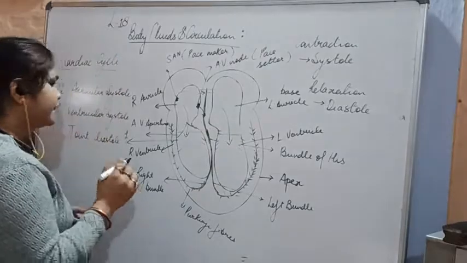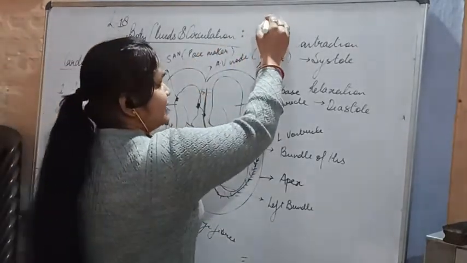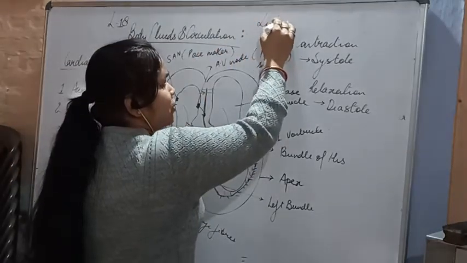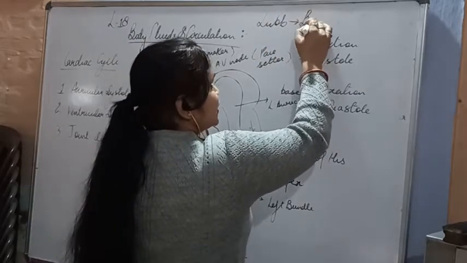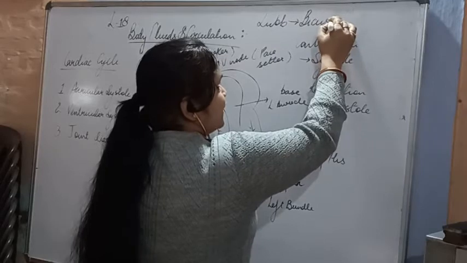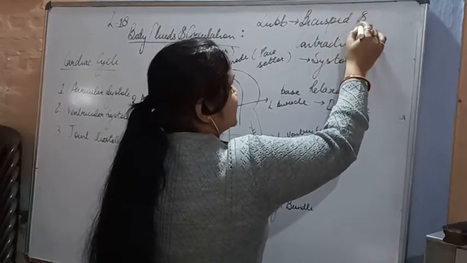Before the systole starts, the tricuspid valve and the bicuspid valve close. So here we produce the first heart sound, called the lub, which is produced by the closure of the bicuspid and the tricuspid valve.